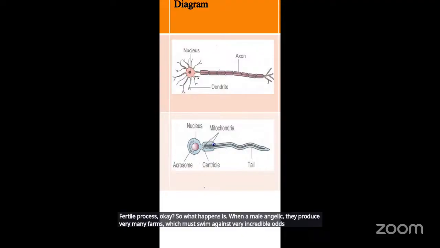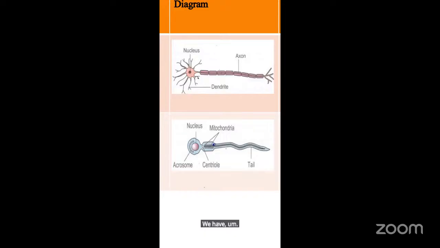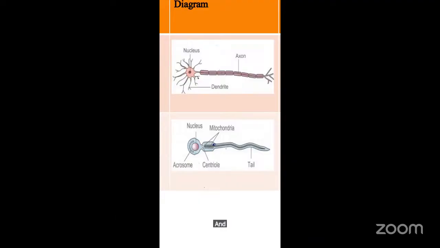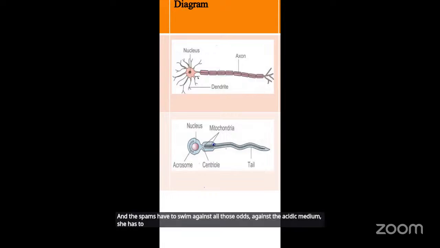For example, in the female reproductive system, we have an acidic medium, and we have cilia, hair-like structures found on the walls of the reproductive system in females. The sperms have to swim against the acidic medium and against the hairs, because some are going to be trapped in the cilia. So they need a lot of energy to swim.